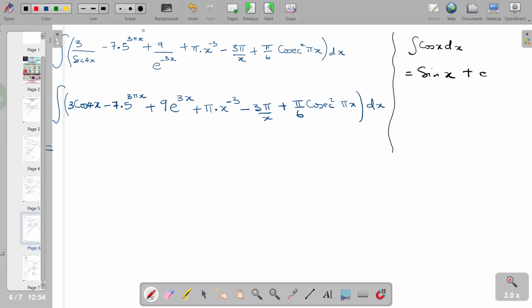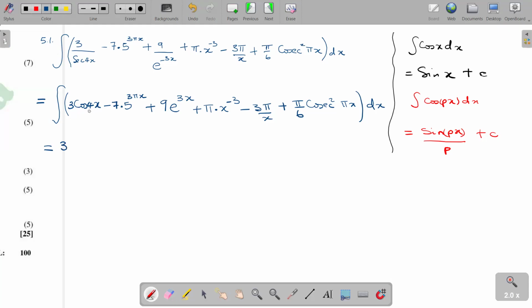So if this term was the integral of cos px with respect to x, the integral was going to be sine px divided by p plus our arbitrary constant. So applying that on our first term, this will be equal to 3.